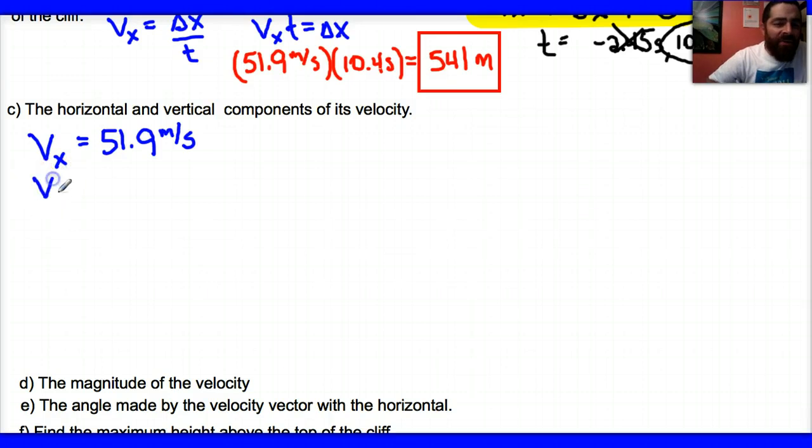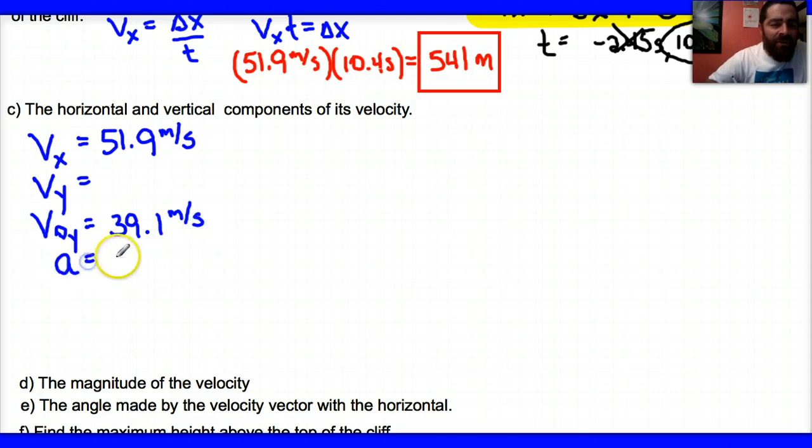The y component of velocity, though, we're going to have to use some equations to solve for. We don't know what it is at the end, but we do know the initial y component of velocity, v initial y, is given as 39.1 meters per second. I also know the acceleration, of course, negative 9.8 meters per second squared.